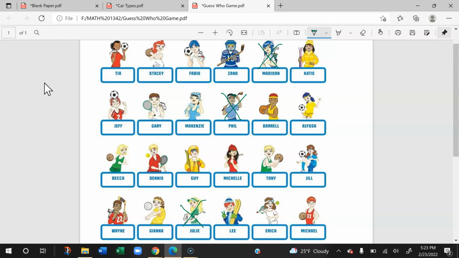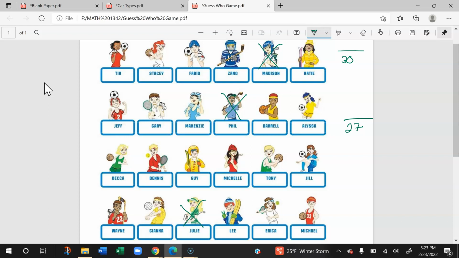So I've eliminated 3 people. Now my denominator is no longer my total 30. Given I know this person does not play golf, I now only have 27 to select from.